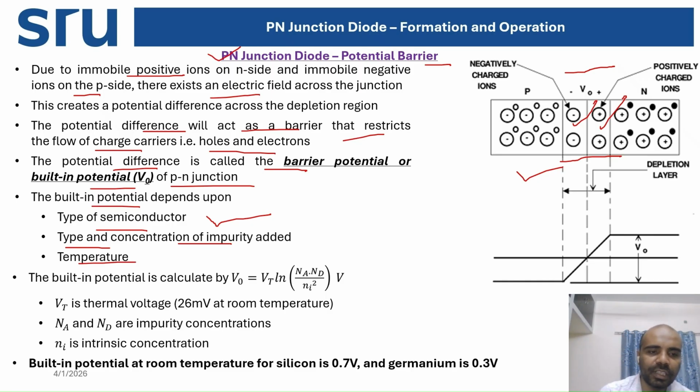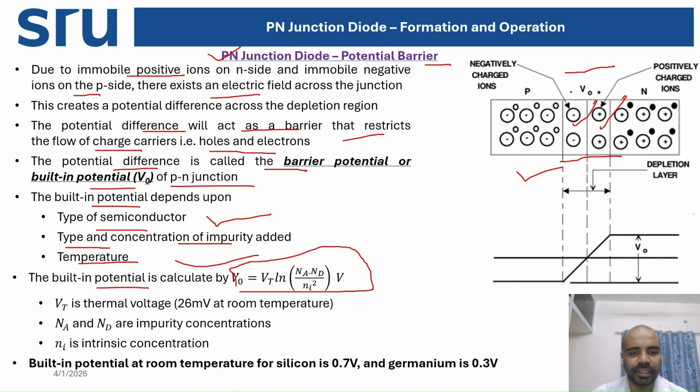It also depends on the temperature, right? These are the three factors on which the built-in potential or the barrier potential depends for a PN junction, right? So the built-in potential or the barrier potential can be expressed by this equation, right?